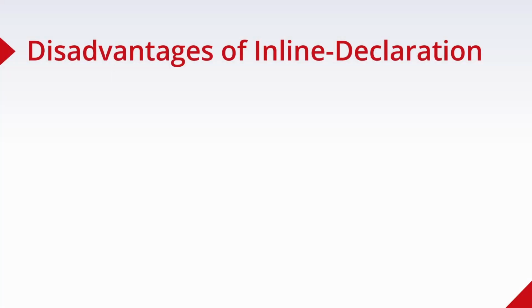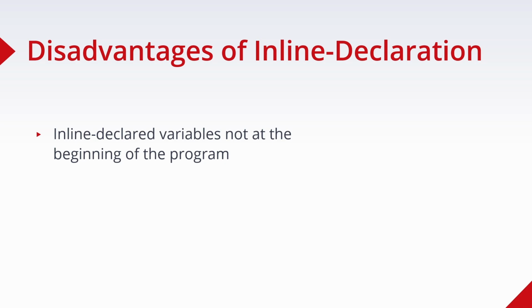Of course, guys, there are a couple of disadvantages as well, and one of the biggest disadvantages, I think, is that the inline declared variables are not at the beginning of the program. For structure purposes, to get an overview of the program, you normally declare your variables at the beginning, and then you directly see what kind of variables will be used within the program.